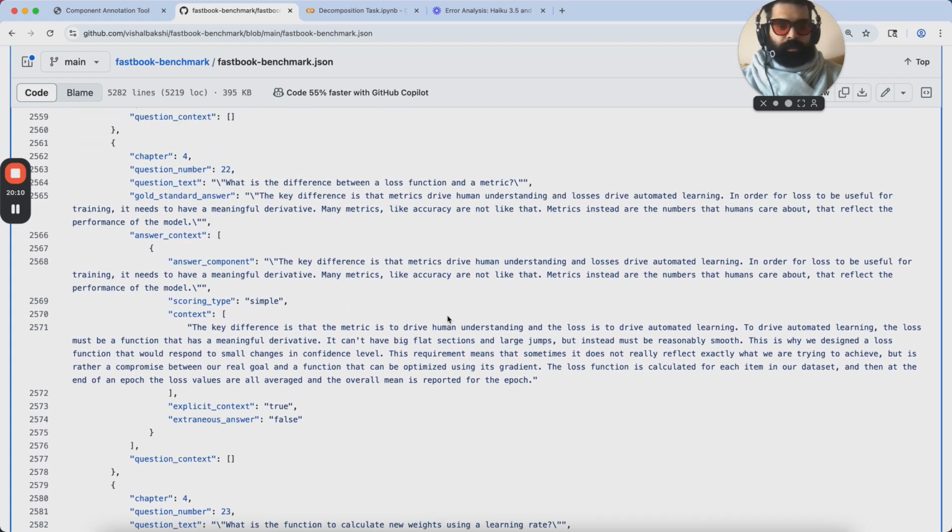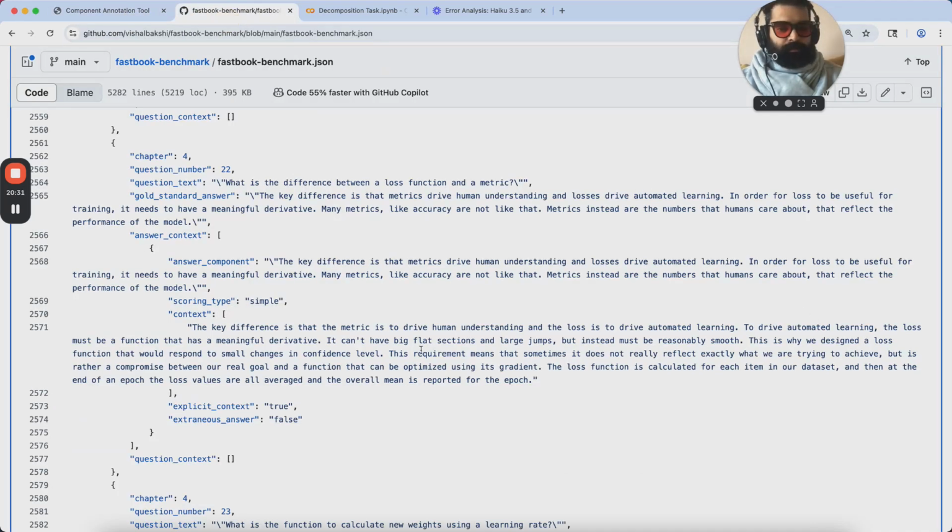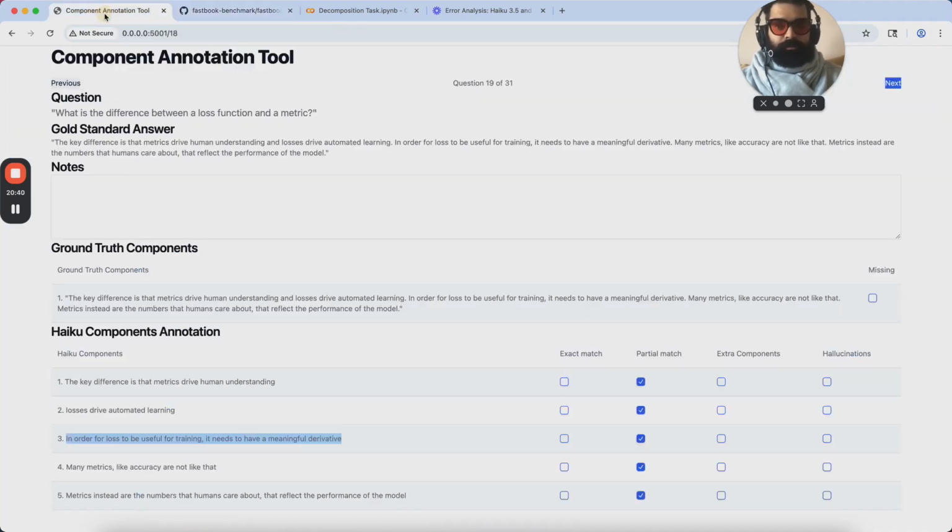I would actually say that, let's see. Oh, it is. Here we go. The loss might be a meaningful derivative. So yeah, driving automated learning and meaningful derivative are part of the same sentence, right? To drive automated learning, the loss must be a function that has a meaningful derivative. And this is the context. This is the chapter text.